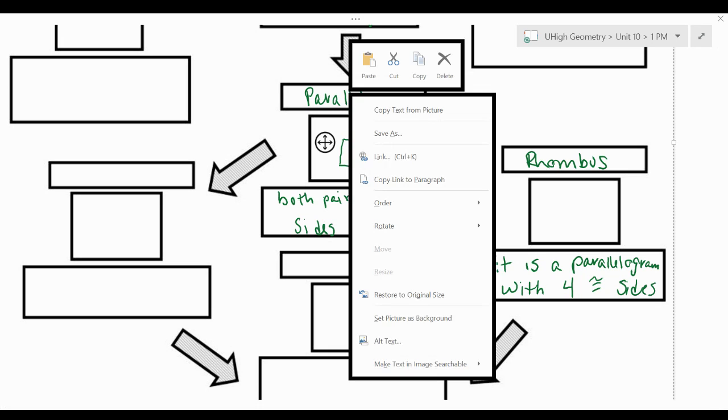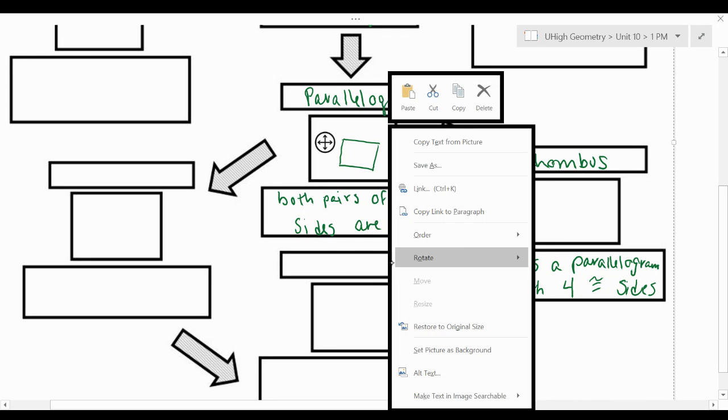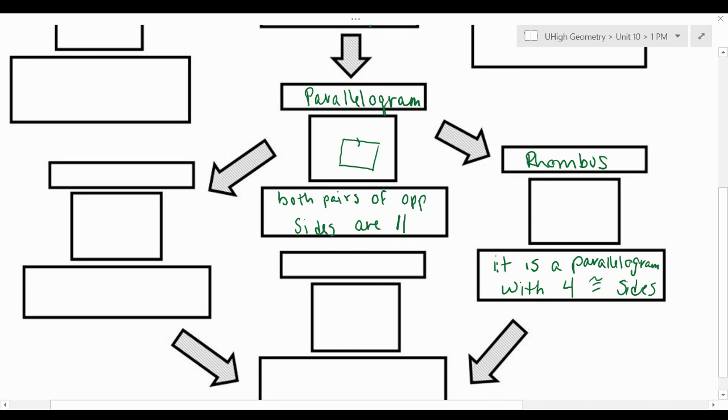So, just like with a parallelogram, we have to have opposite sides being parallel. For a rhombus, I'm going to draw a similar shape, but I want to make sure that these opposite sides are congruent first and that they're parallel.